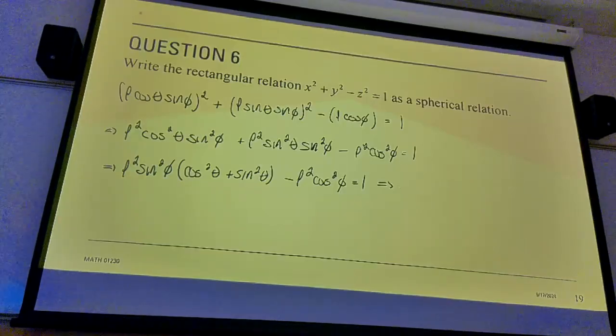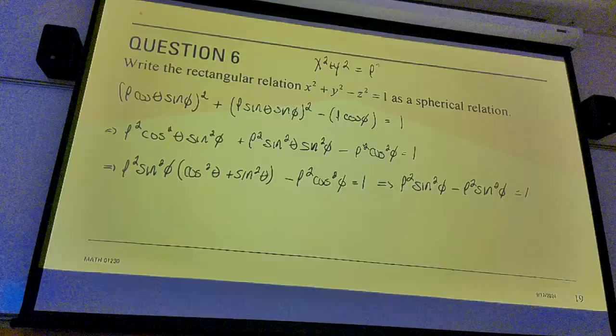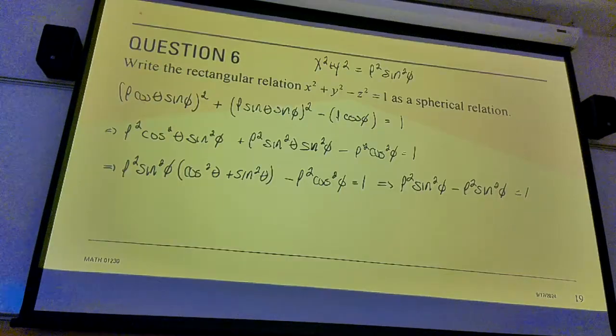By the way, that now derives that relation: x squared plus y squared in spherical coordinates is rho squared sine squared of phi. That may be useful to have around.